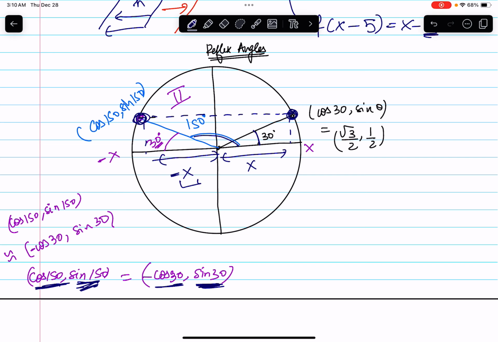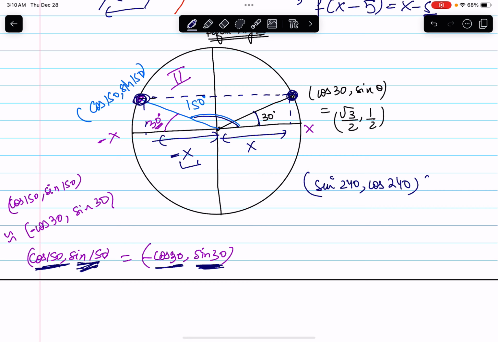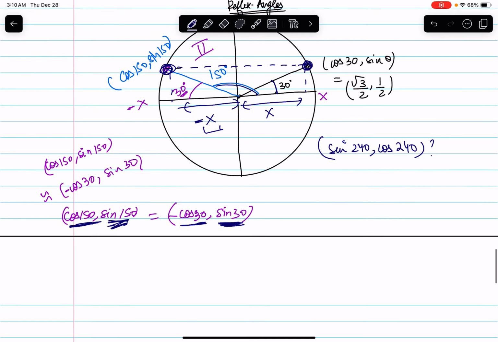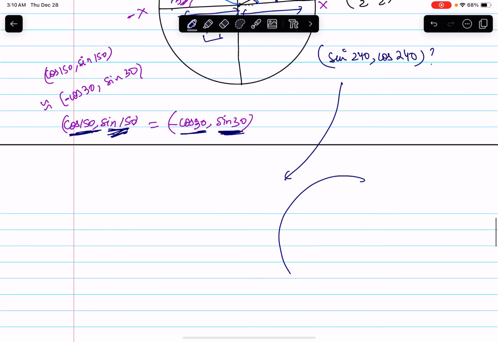So let's just look at another example. Okay, so let's look at this example over here. Let's say someone wants you to find sine of 240 and cosine of 240 degrees, right? And they ask you how would you solve for it. So what you would do once again is you would simply put it on a unit circle.